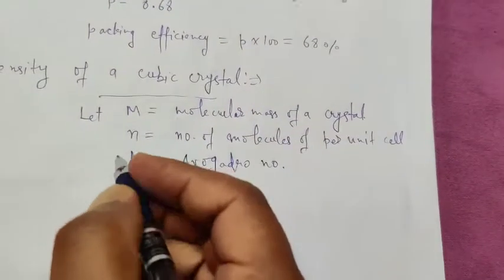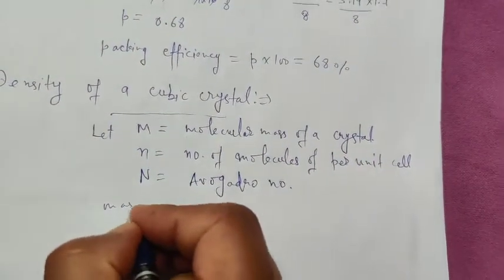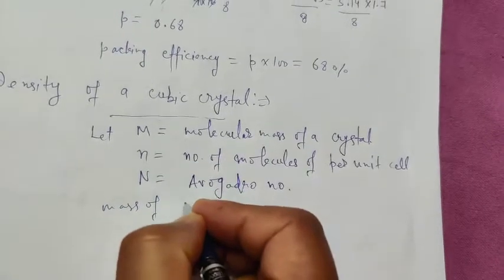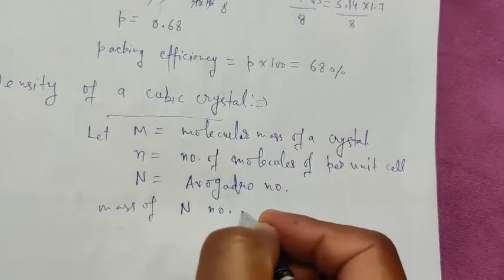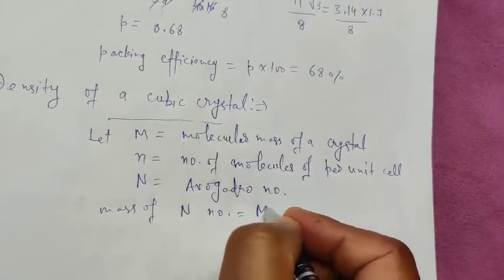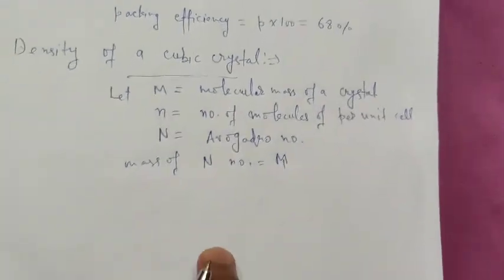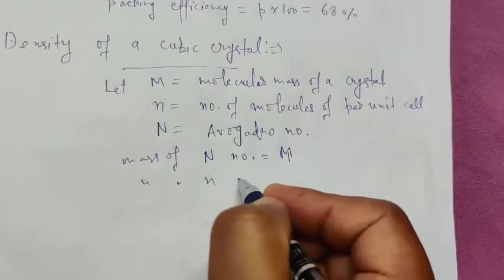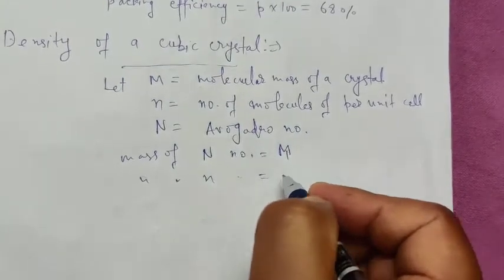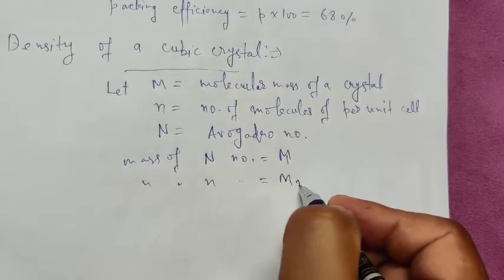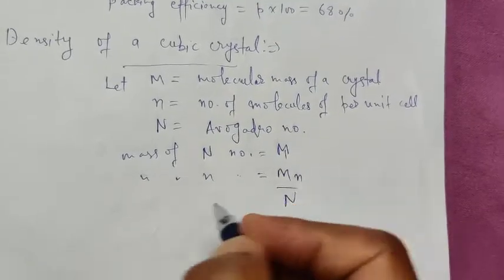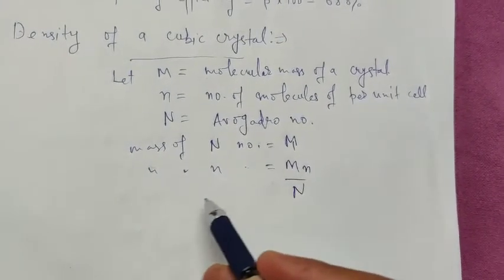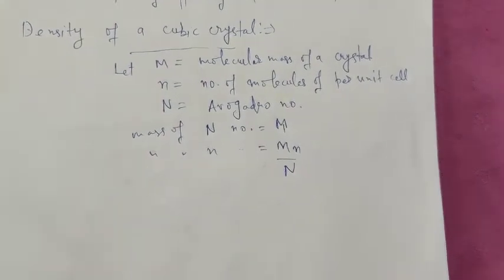Then the mass of this Avogadro number of molecules will be capital M. So then the mass of the small number of molecules will be capital M into n upon N. This will be the mass of these number of molecules per unit cell.